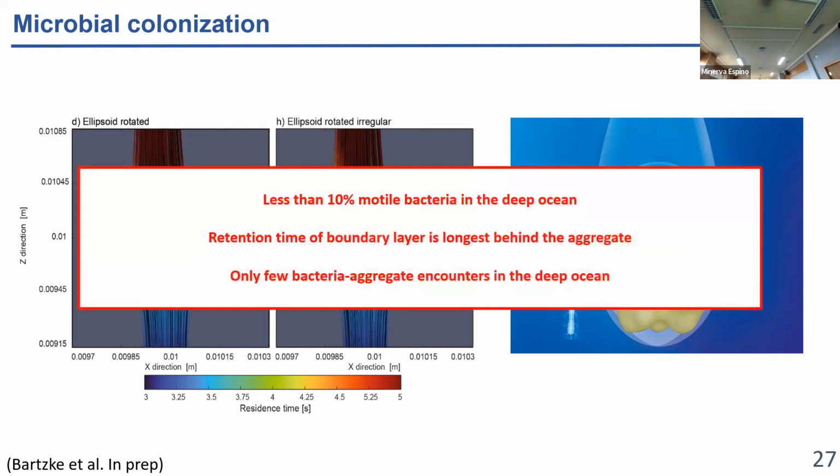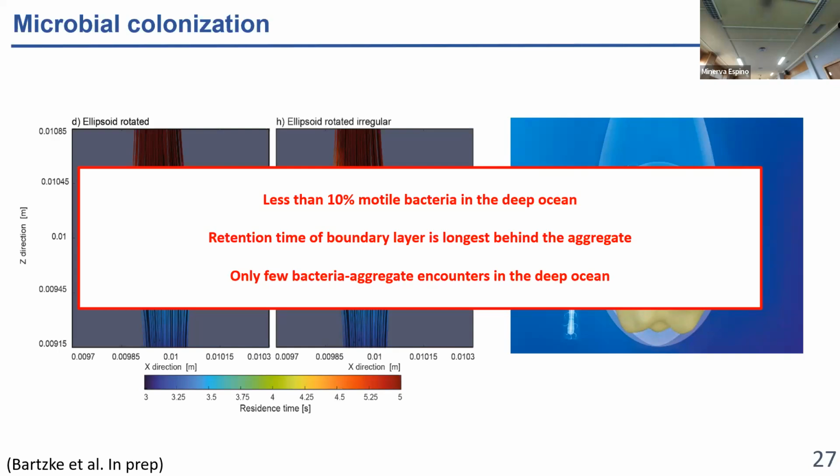So actually, the bacteria need to be able to swim to attach, and it's only a few percentage of the deep sea bacteria that actually can swim. And then we found that the retention time of the boundary layer is longest behind.